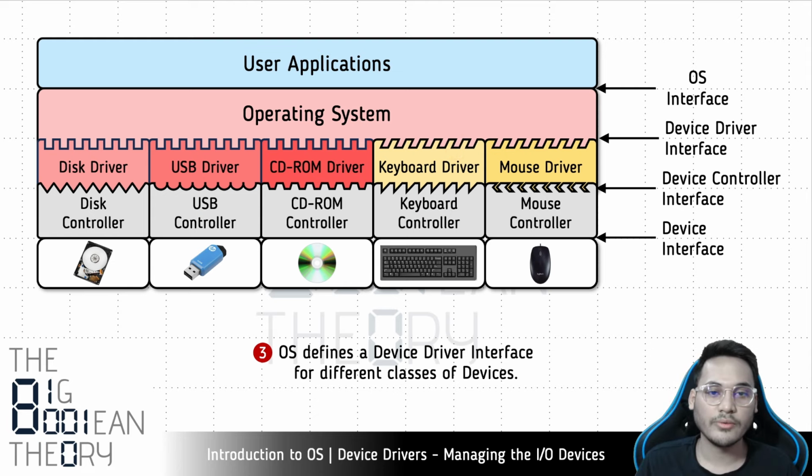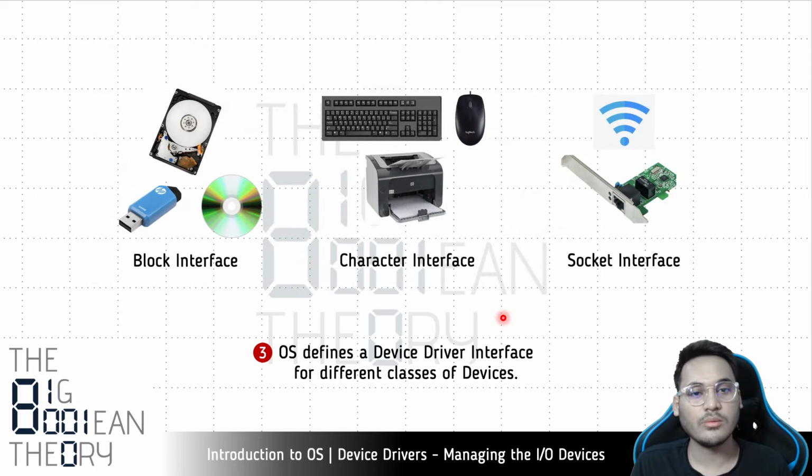So as you can see, I have shown some examples of the different classes of devices that exist. The first class is the block interface. There are certain devices like the storage devices, which act as a sequence of blocks. The view that the operating system has for the block interface devices is that they are a sequence of blocks, and each block has a unique address, and the interaction happens in terms of blocks.